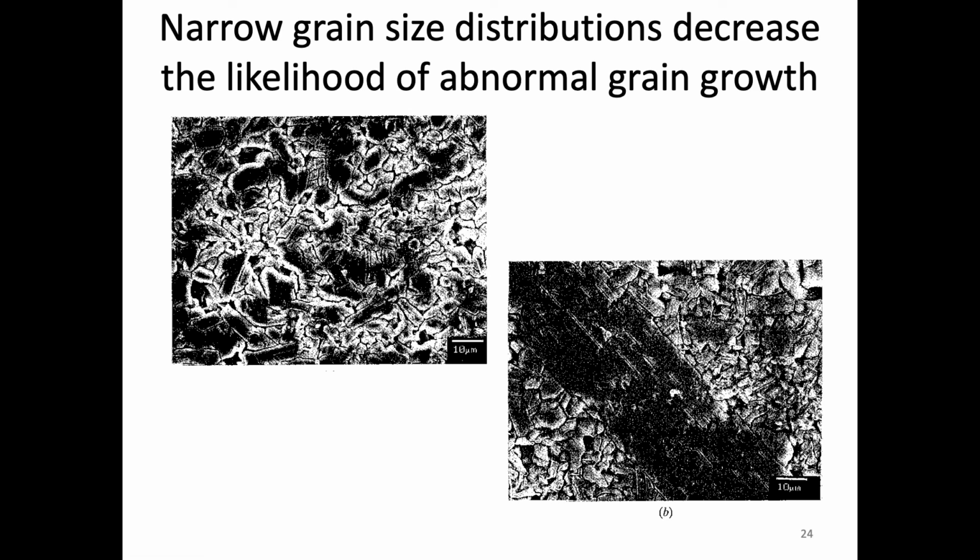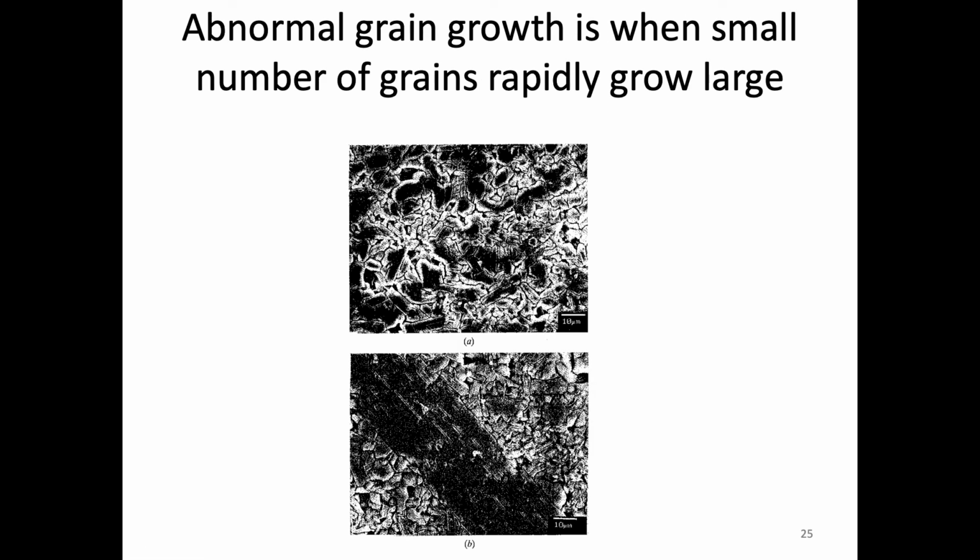And so we want it to be a very narrow distribution so everything grows at the same rate. Again, we talked about different applications. Sometimes we want these kind of large aspect ratio particles, but in this case, we're just talking about densification. Yeah, so this is where we have a small number of grains that grow much more rapidly than the rest of the microstructure. So again, this is a bad thing to occur.